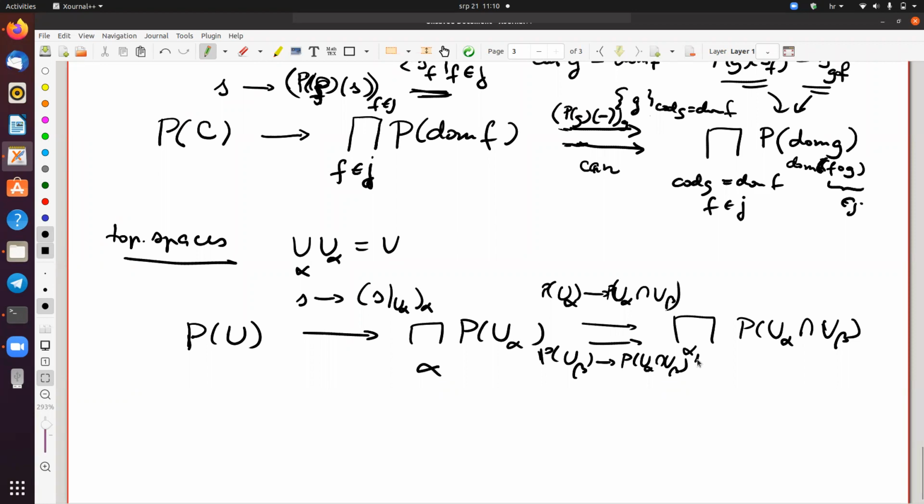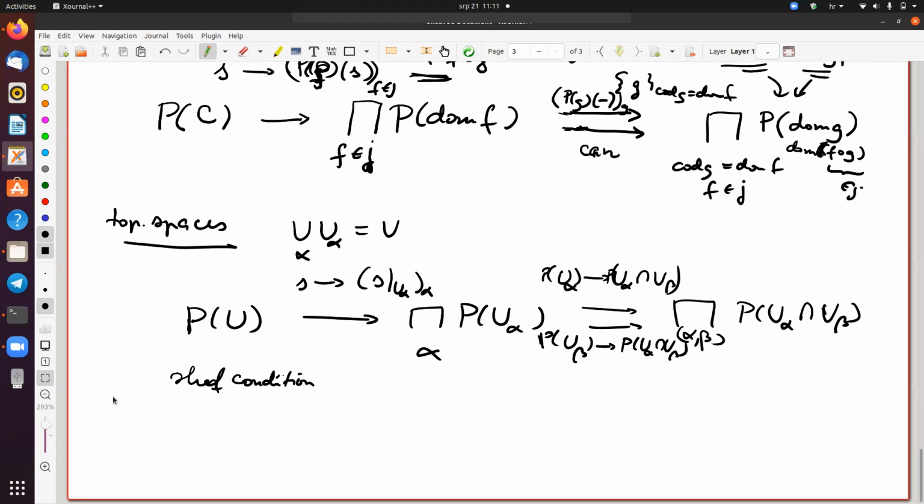So here are all pairs alpha, beta. In the intersection of U alpha and U beta for a pair alpha, beta, in one case you take restriction from U alpha, in another case restriction from U beta. And this is an exact sequence. This is just the sheaf condition. This is the sheaf condition for usual sheaves, and this is for Grothendieck topology.